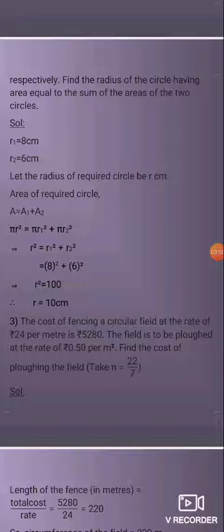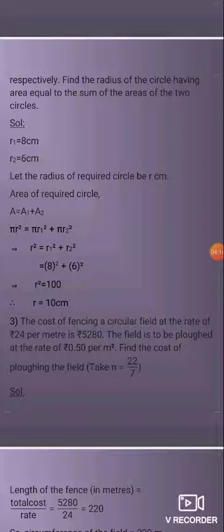Now, the length of the fencing we know. So, fencing is that circular perimeter portion or the circumference only. Now, let the perimeter, the circumference of that field, into per meter, rupees 24, which is equal to the total cost.